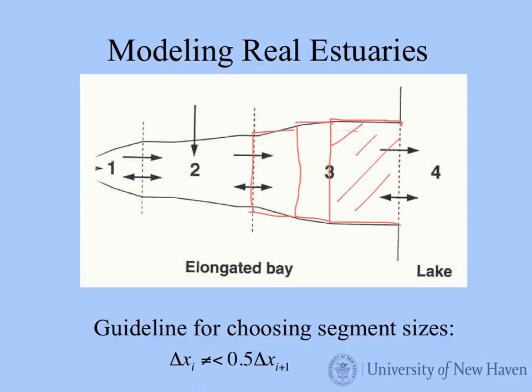And so a guideline that has been found is that when choosing segment sizes, you want to limit the difference in the segment size of adjacent segments such that from one segment to the next, the difference in segment sizes is no less than 50% of the adjacent segment.